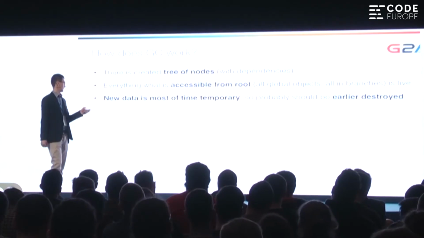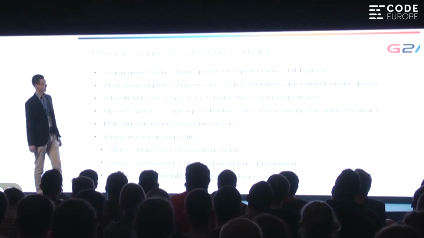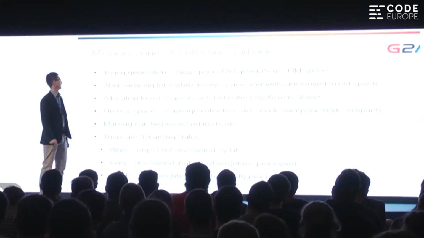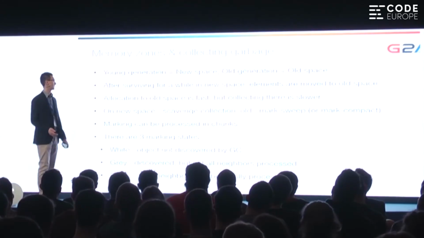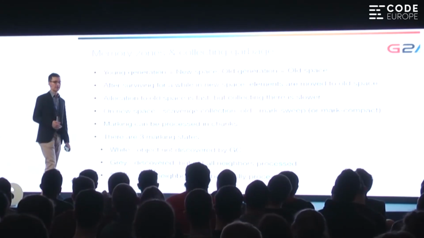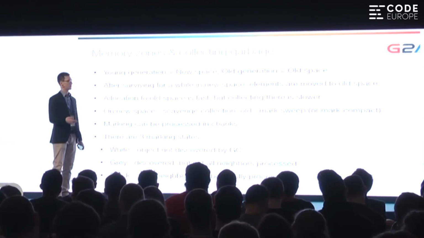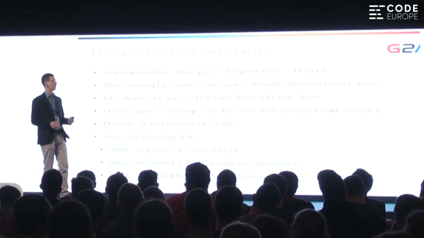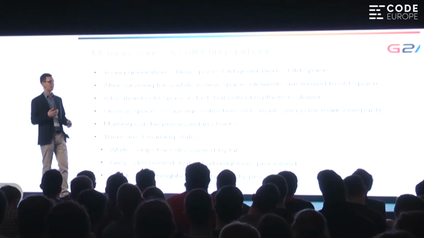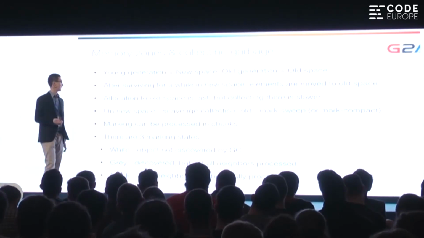The most important thing is that we've got a young generation and an old generation. When elements appear, they will probably be in the young generation, new space, which means that it will first be checked whether it's some kind of temporary variable like a counter.